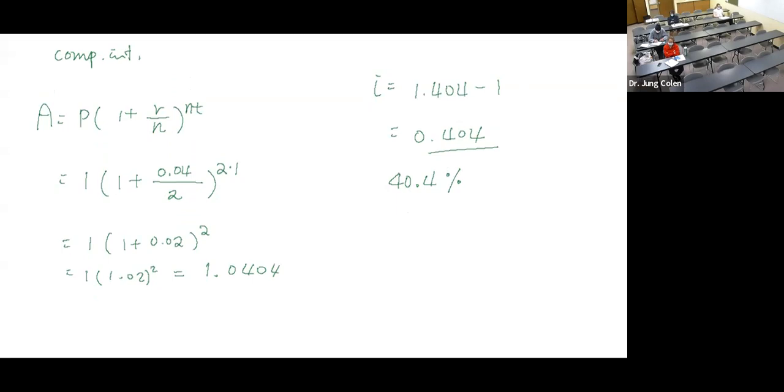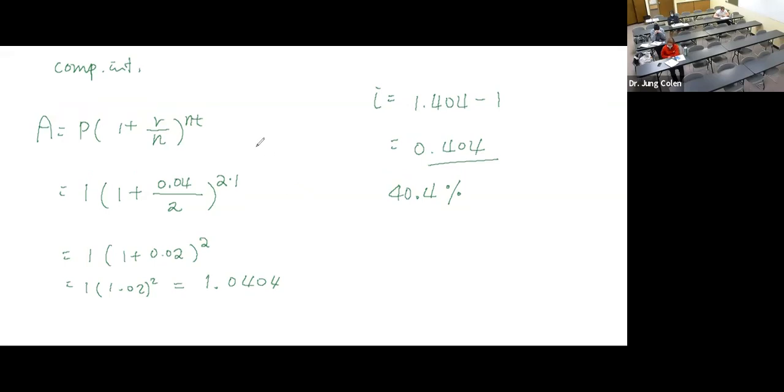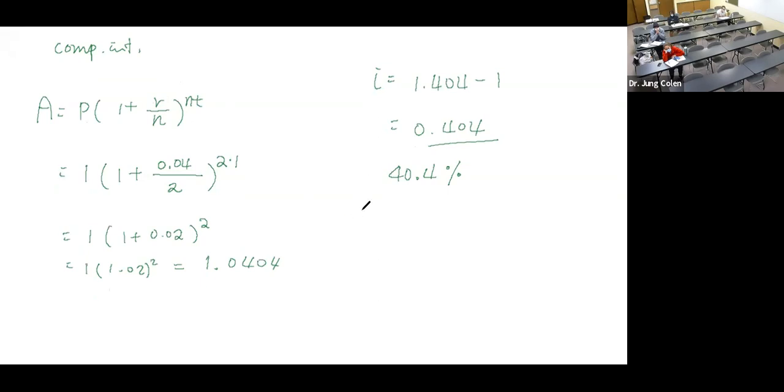So here, effective annual yield or annual percentage yield, either way, it's telling you something. What does that tell you? That tells you the difference between whether you are investing with simple interest or compound interest. If we are doing exactly the same thing using simple interest, let's think about that.